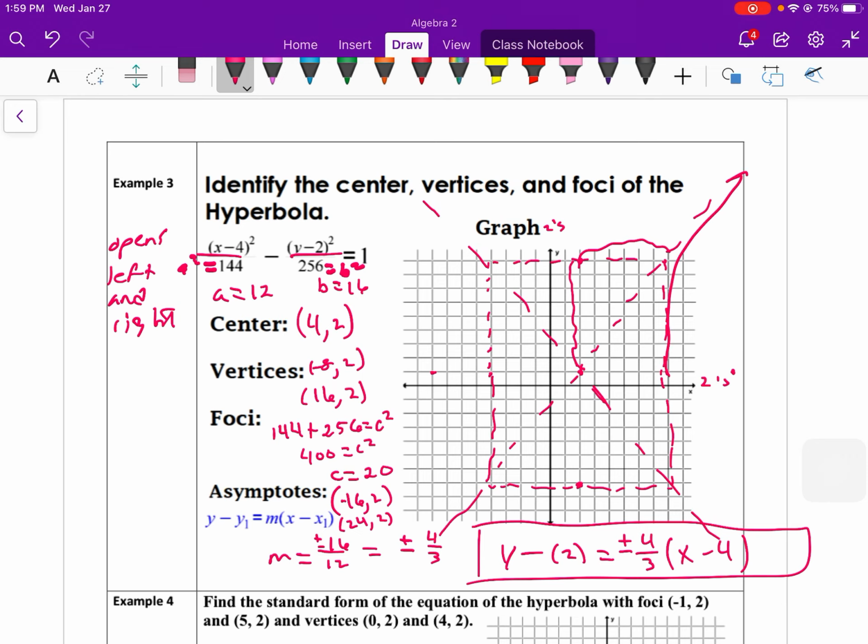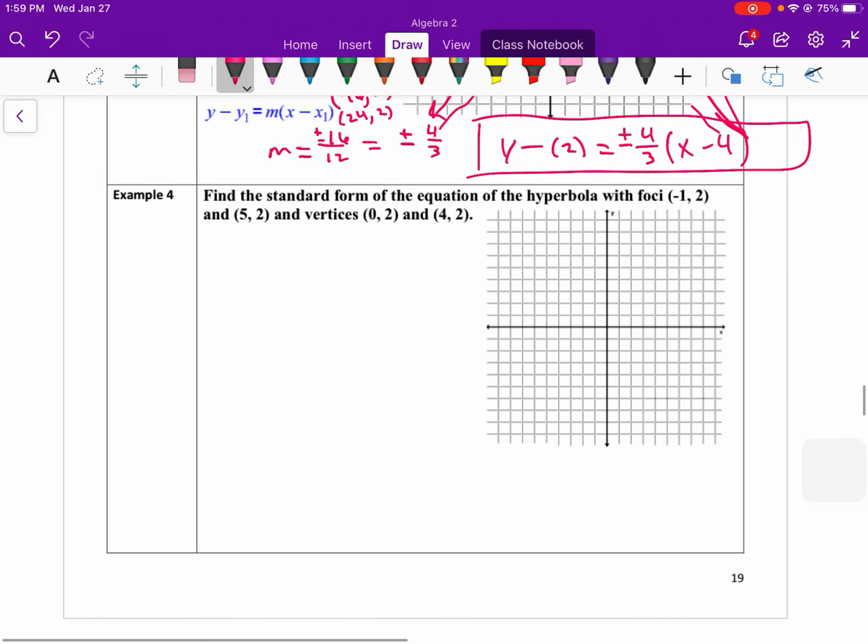And it opens left and right. I lost my left focal point. I think it's about there. Or my left vertex. All right, now we have some information to help us write the standard form of the equation.